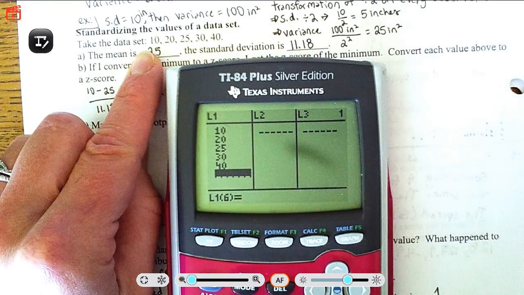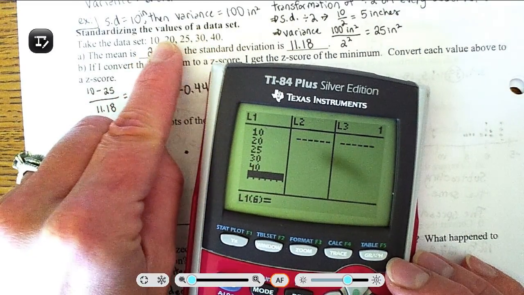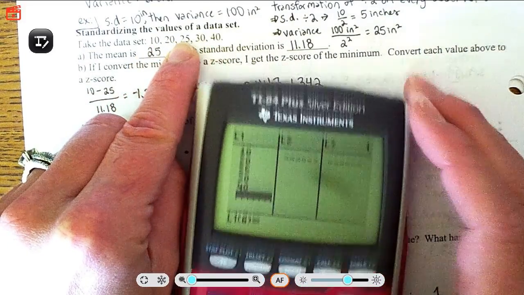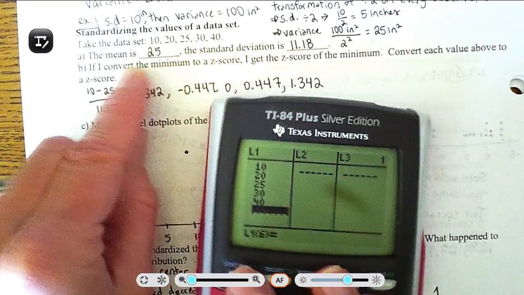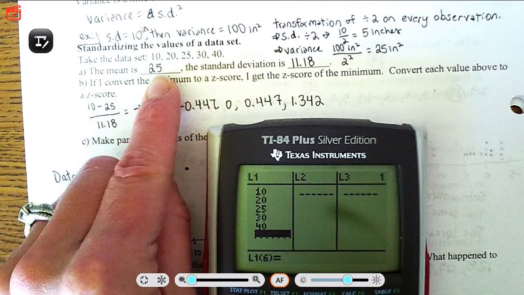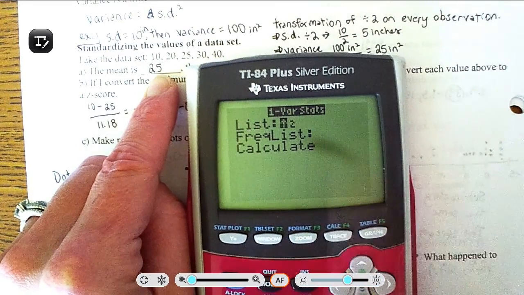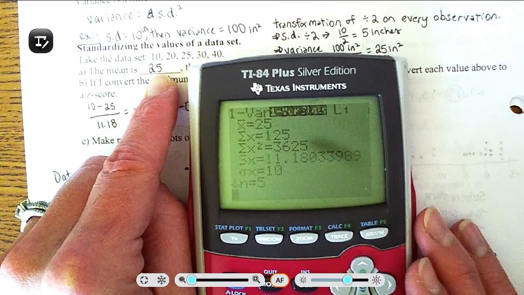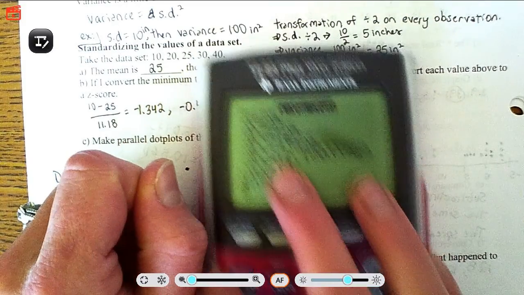By the way, the data set kind of sounds like 25 is right in the middle. 30 and 20 are 5 away from it, and 40 and 10 are 15 away from it. So it's a very symmetric data set. The mean is 25. Let's just check it out again. Stat, Calc, One-Variable Stats. Mean is 25, and the standard deviation is 11.18.